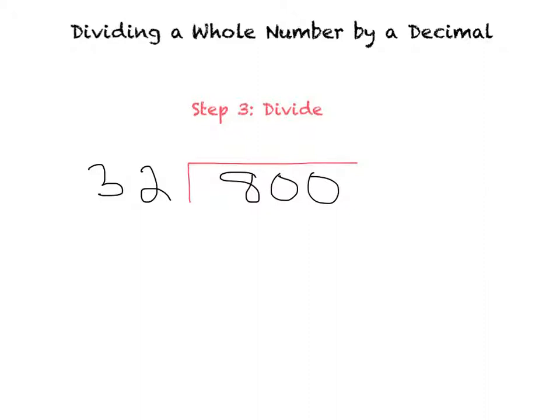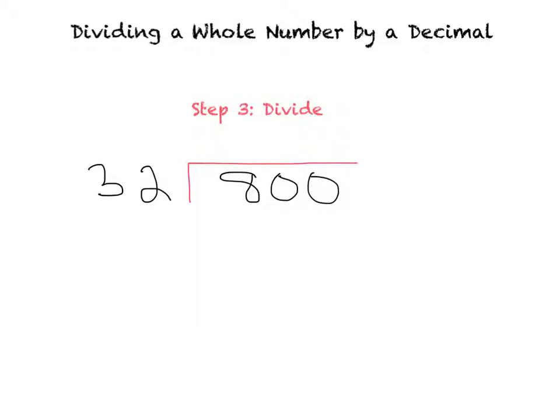So, first thing I'm going to do is, how many times does 32 go into 8? Well, it doesn't. Since 8 is smaller than my divisor, I have to move on to the next number. So then I ask, how many times does 32 go into 80? Well, I can do all the math off to the side, but I'm going to do a little estimating in my head because I know that 30 times 2 is 60.